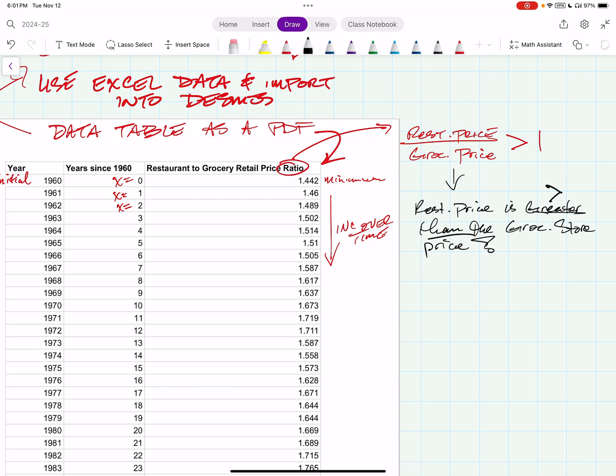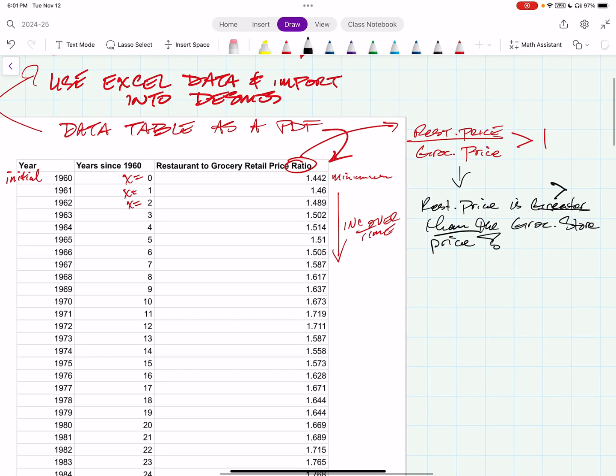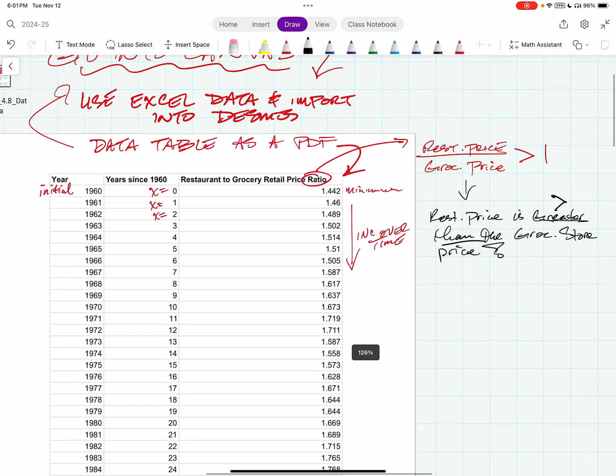So let's say you're making pasta, making chicken parmesan. You can make it for less at home if you go to the store and buy all the ingredients, compared to going out and buying chicken parmesan at, let's say, Carini's or some nice Italian restaurant.